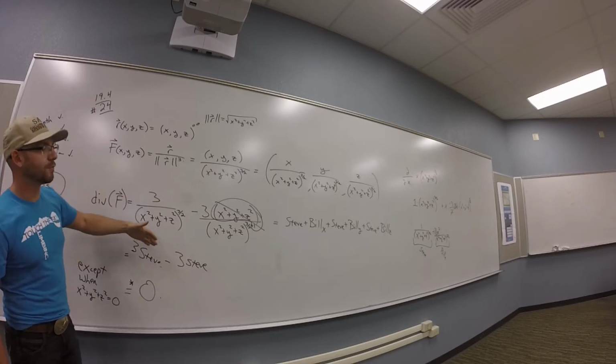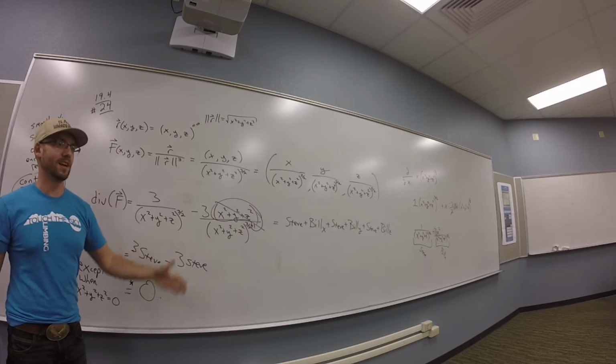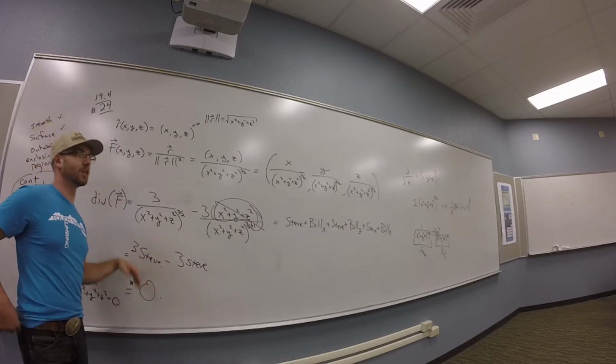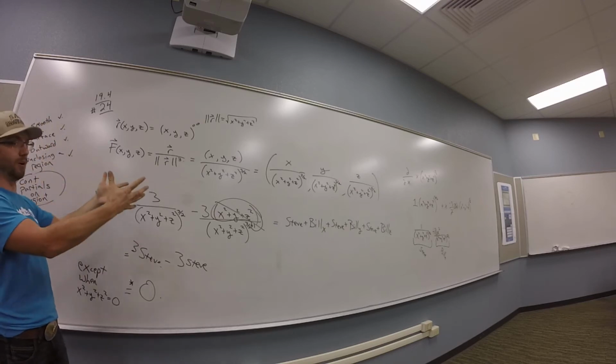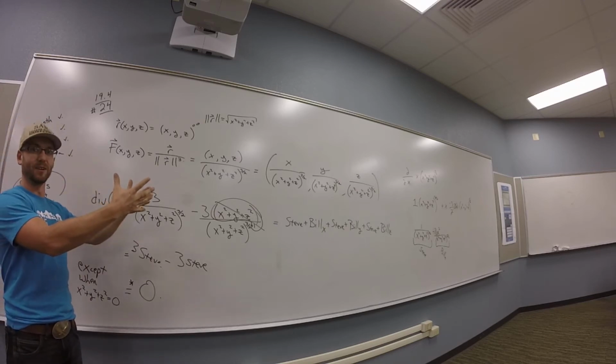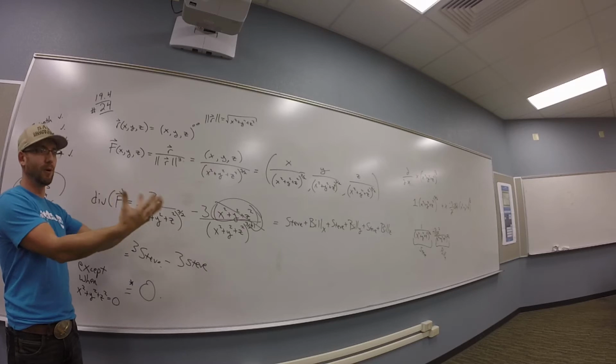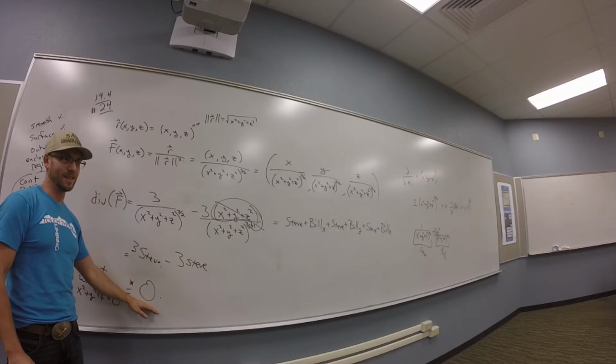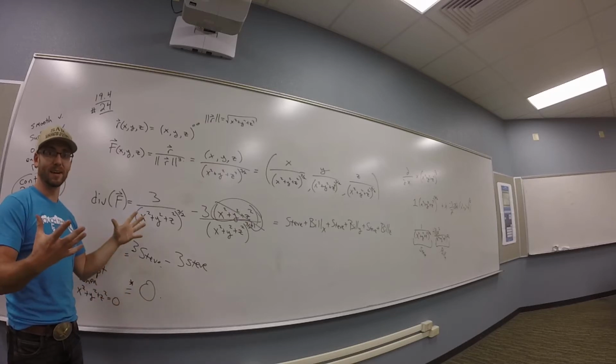But I sort of suspect that this one is infinity at the origin. The reason I expect that is that I was getting flux through a sphere, right? But the only way to get flux through a sphere with no creation of anything anywhere, no divergence, except at 0, would be if something's being created at 0.